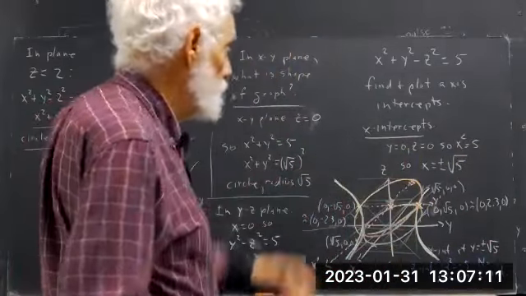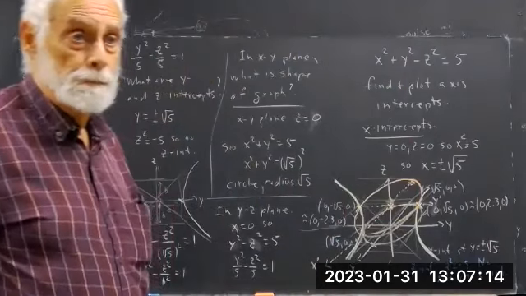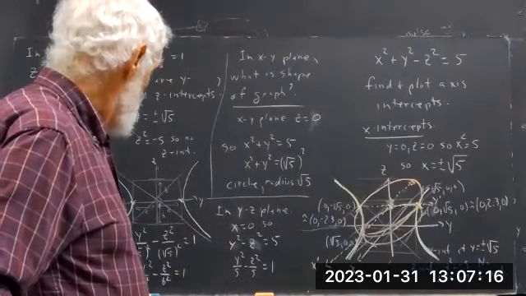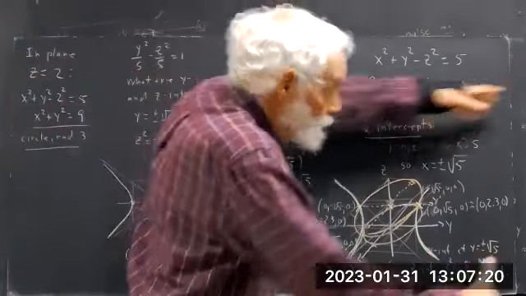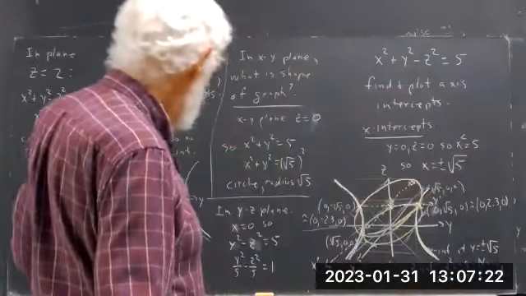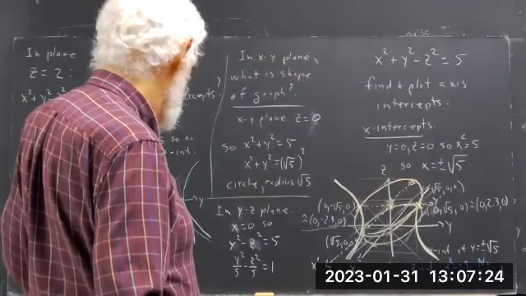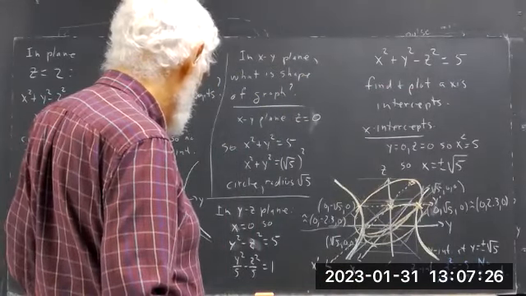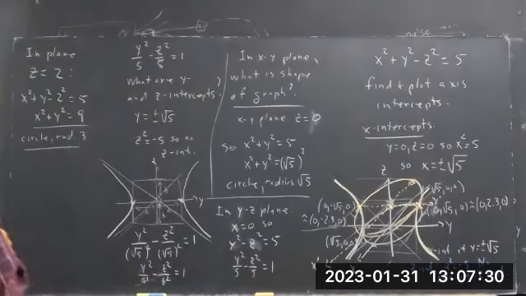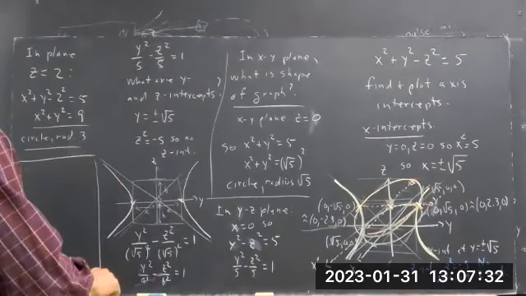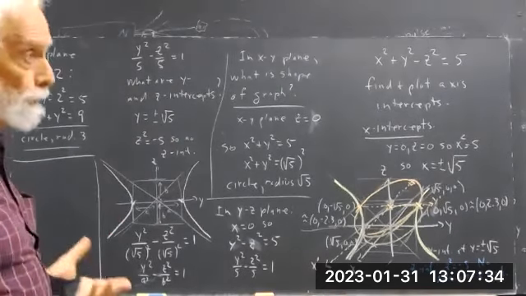Okay, that's one figure. This is called a hyperboloid of two sheets. One sheet over here, one sheet over here. And what if it was a solid of revolution?